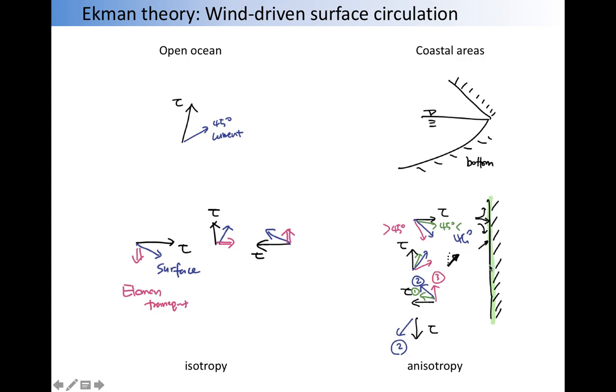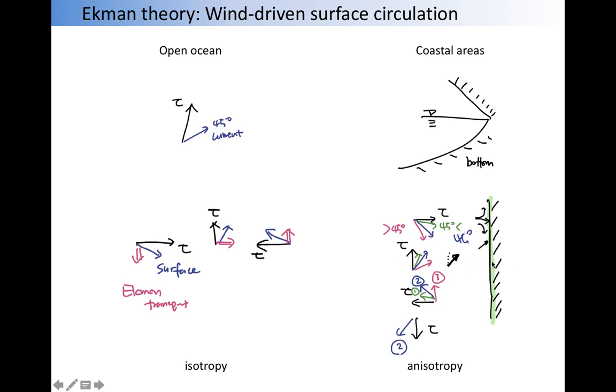And this boundary affects that, right? If there's a boundary, there's no sea level change at the boundary itself, but the water will be piled up, or piled up the other way.